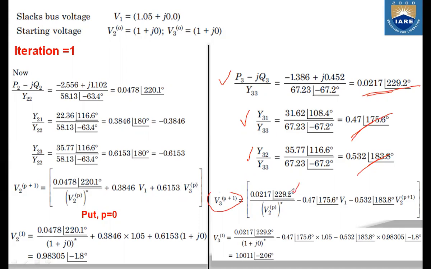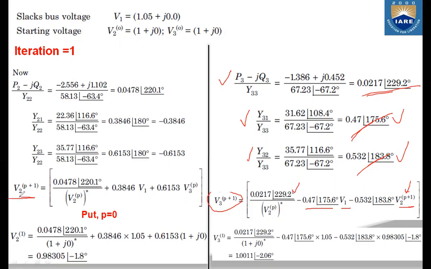Which is 0.0217 at an angle of 229.20 degrees by v2p conjugate minus, so this one is this into v1 and this into v2. So v2 here, you have to substitute the value calculated previously, which is in the p plus 1 iteration.